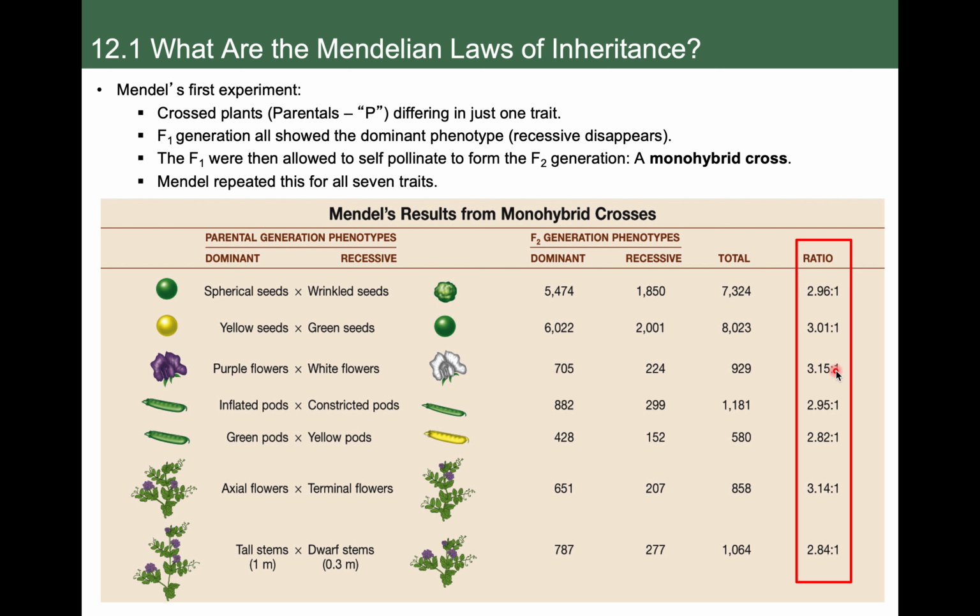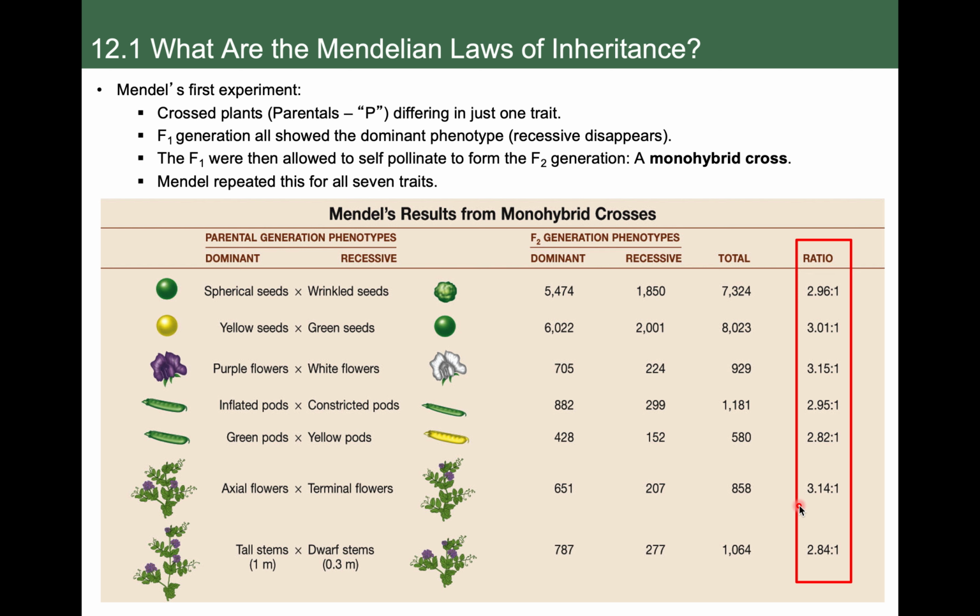So this approximately 3-to-1 purple to white, dominant to recessive ratio. And he was getting something close to that, right, for every character he looked at, right? He looks at seed color, same thing. Crosses them, one disappears in the F1. They both come back in the F2, but in this 3-to-1 ratio. So that jumped out, right? There was some pattern there.